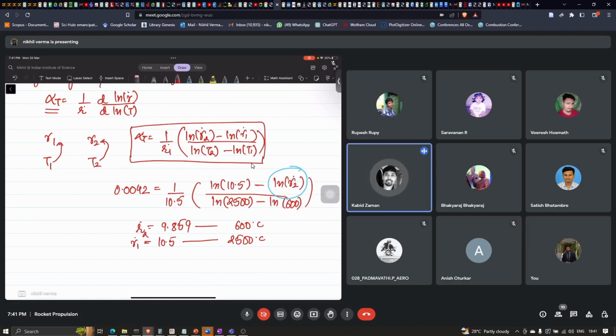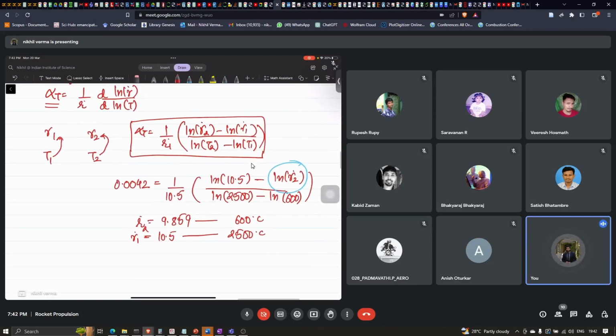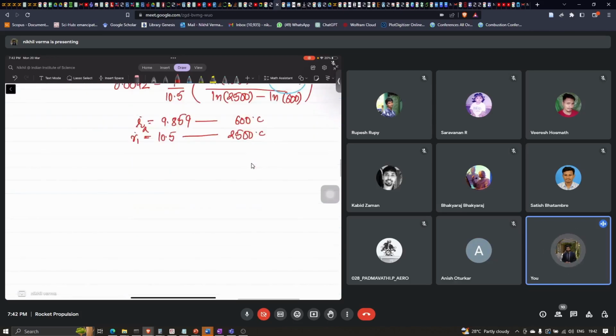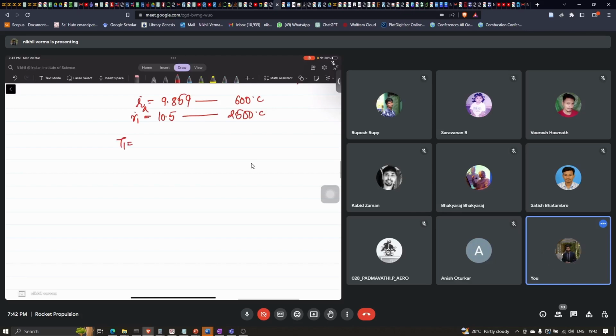Could you please tell a little bit more about the unit of alpha T? Why is it per degree Celsius? Okay, so what we are doing is we are normalizing this burn rate with itself. Whenever we have a temperature, say 298, we can have any standard reference temperature, right?